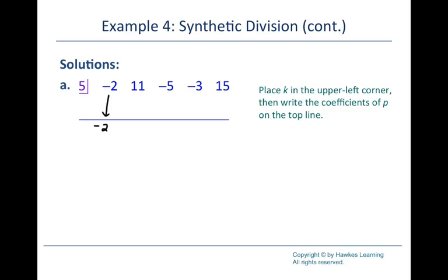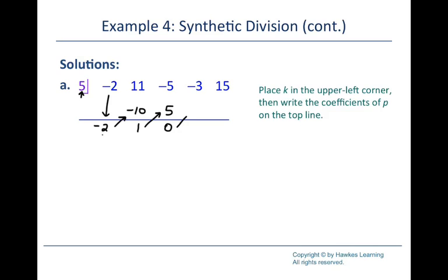Then I multiply 5, which is my divisor, by -2 and get -10. Once you multiply, you go to the next one over and write your answer. Now I'm going to add the 11 and -10 and get 1. Then 1 times 5, 1 times the divisor, is +5. Add those two numbers and get a 0.